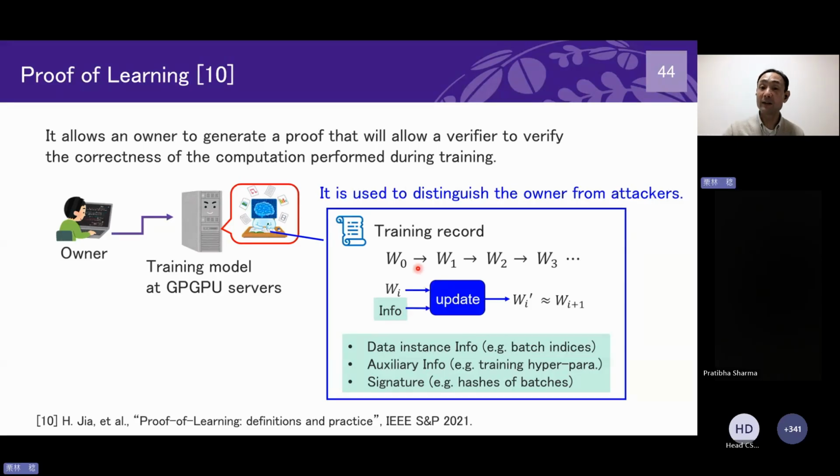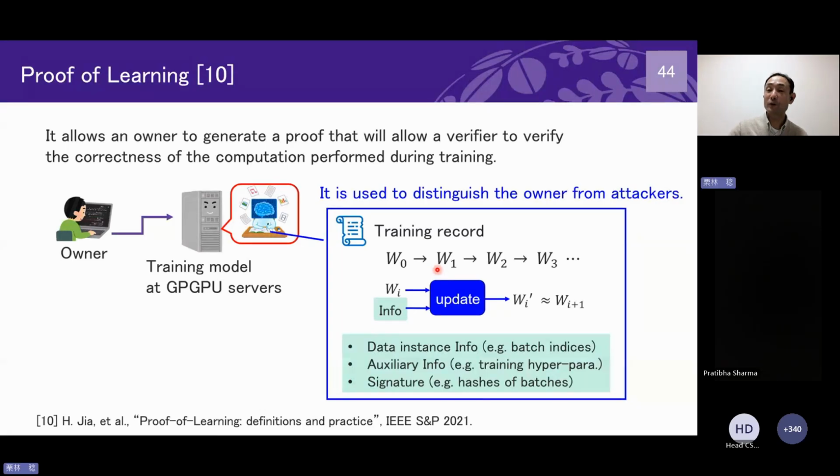In general, it is a probabilistic process to update the model weight parameters, so in general it is difficult to reproduce the same weight parameters.